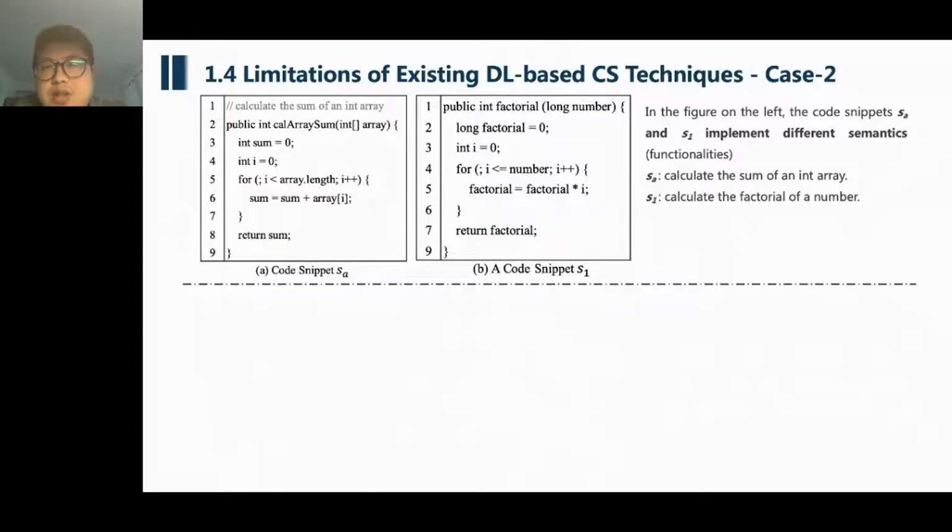Control flow graphs are also commonly used for representing code snippets. The code snippet SE calculates the sum of a given array, while S1 calculates the factorial of a given number. They have completely different goals. We generate the control flow graphs for them.